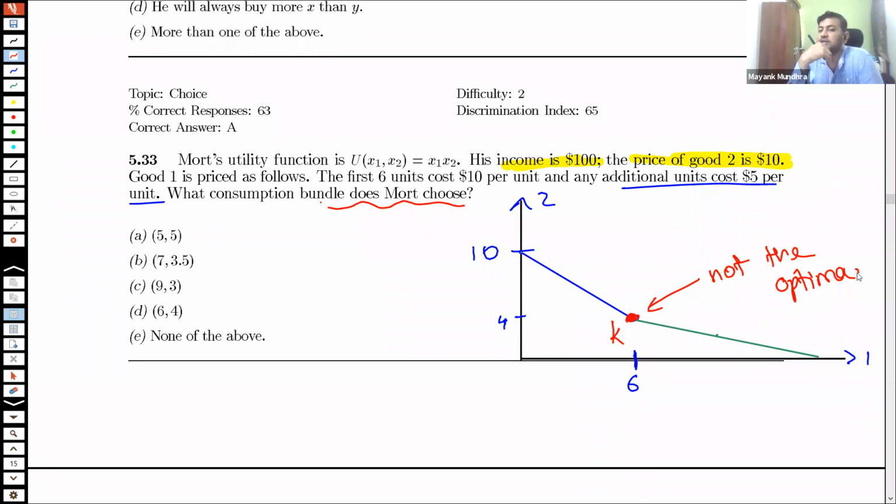Now the question arises, if this point is not the optima, then what is the optima? This is where it gets interesting. How do we find the optima? One way to check would be to take this as the budget line for once.